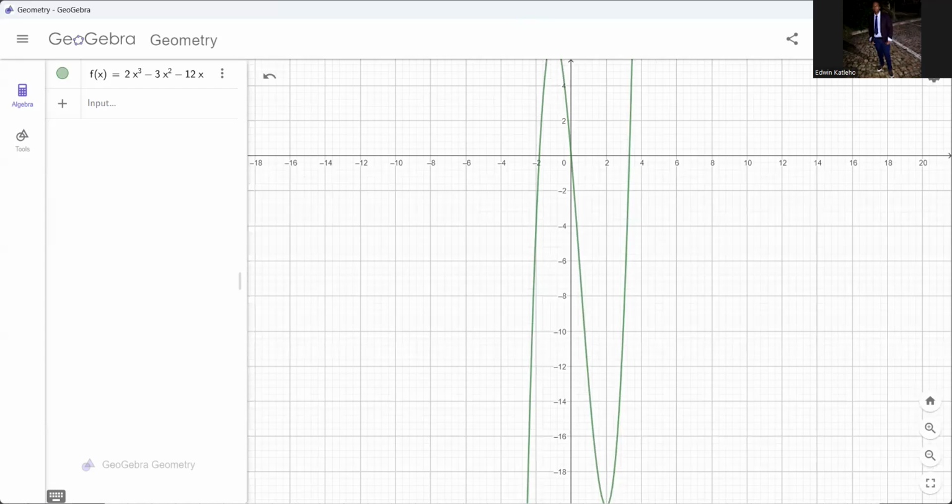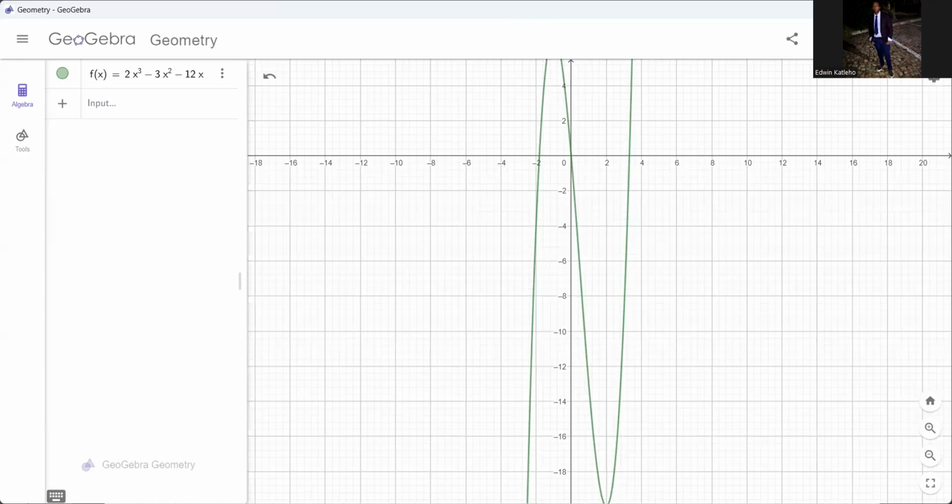So in a nutshell, we know our point of inflection will be somewhere here. When we say a function is concave up, it means from this section here, you can see below here, this graph is going to make a curve that goes up. So this is concave up.